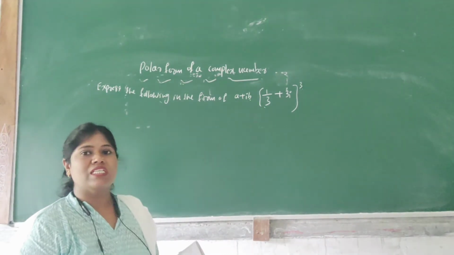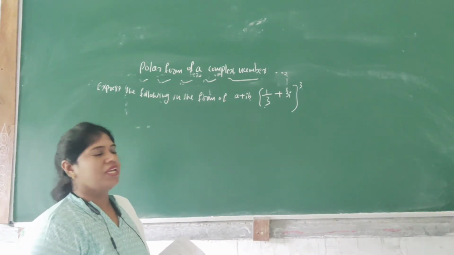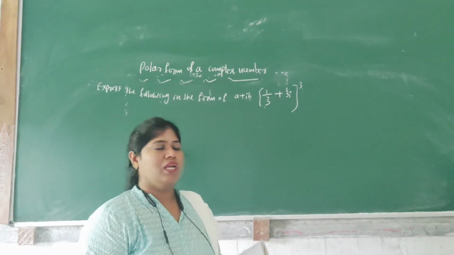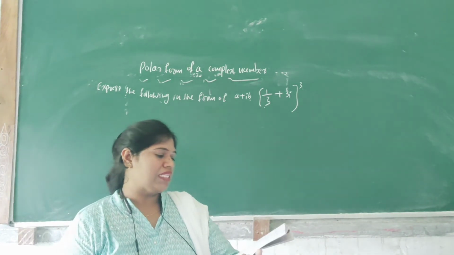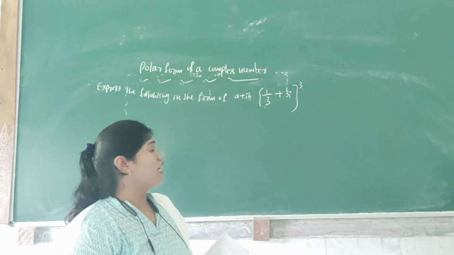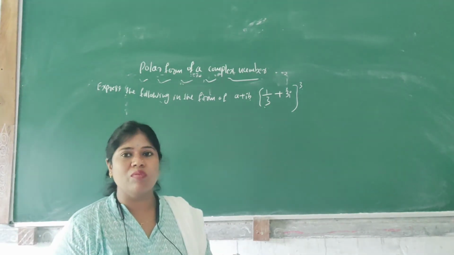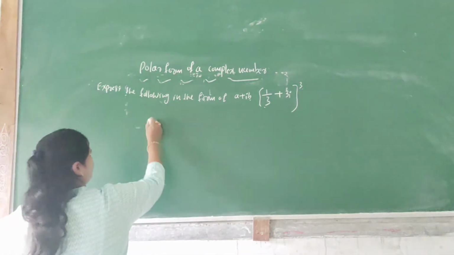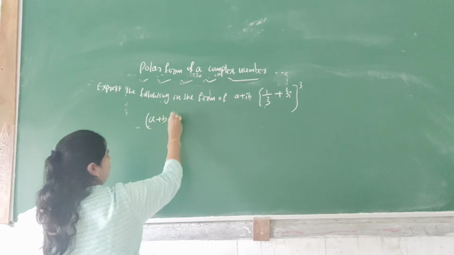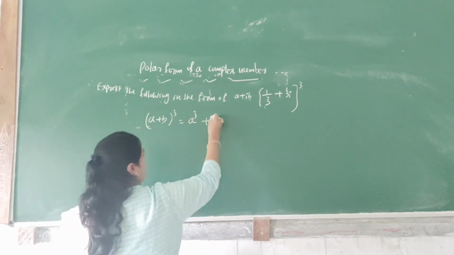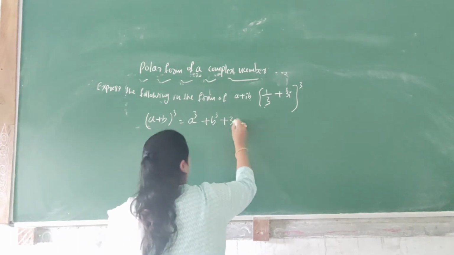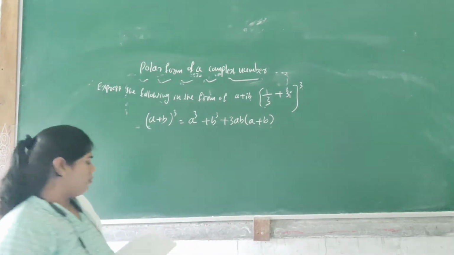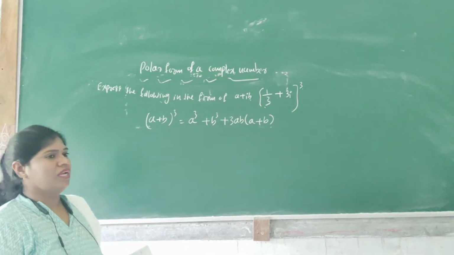So this problem is of the form a plus b whole cube. What is the a plus b whole cube formula? a cube plus b cube plus 3ab of a plus b.